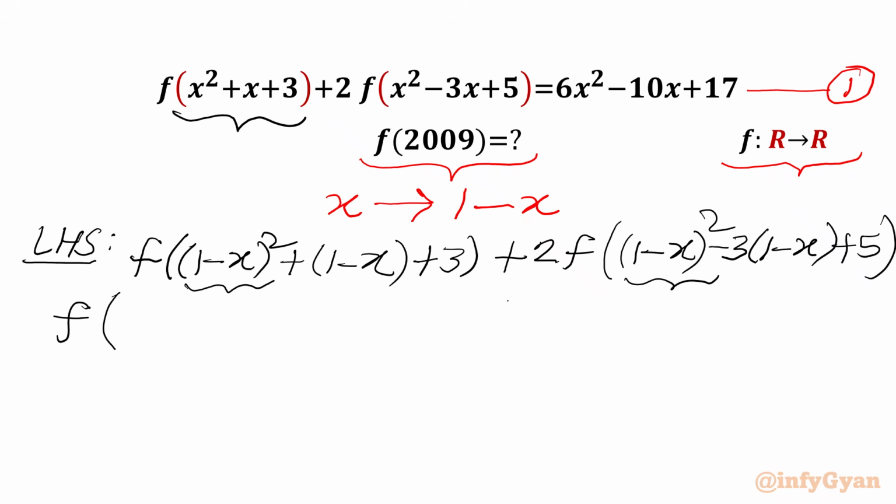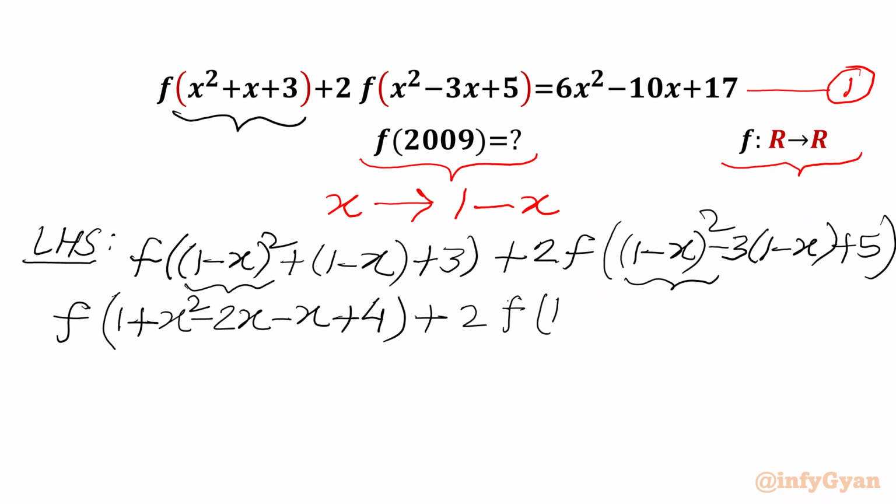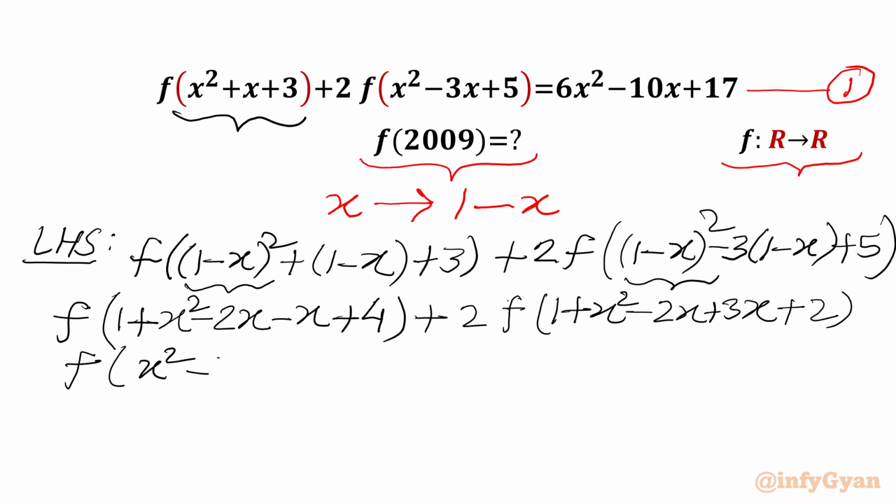So f of 1 plus x square minus 2x, then we'll write minus x, 1 plus 3 is 4, plus 2 times f of, in bracket, 1 plus x square minus 2x plus 3x minus 3 plus 5 is plus 2, which will be equal to f of x square minus 2x minus x minus 3x, 1 plus 4 is 5.